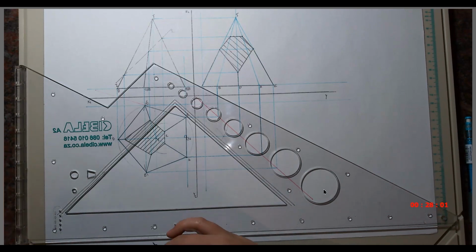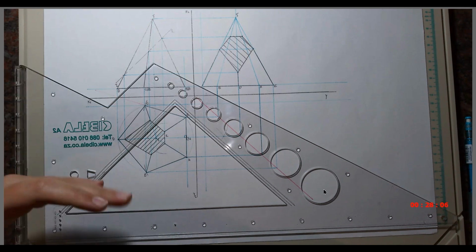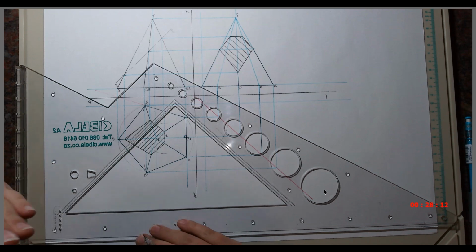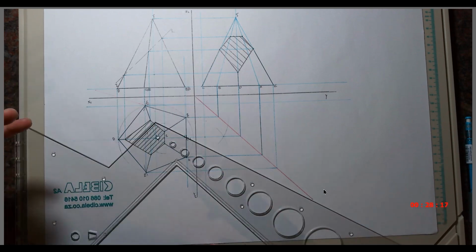Now for the true length or the true shape. If you remember, the rule in drawing is for something to be a true shape, it needs to be parallel to an XY line. We need to make the true shape parallel to the XY line.